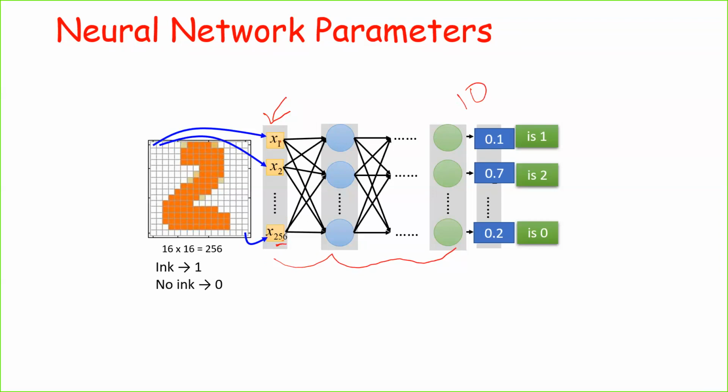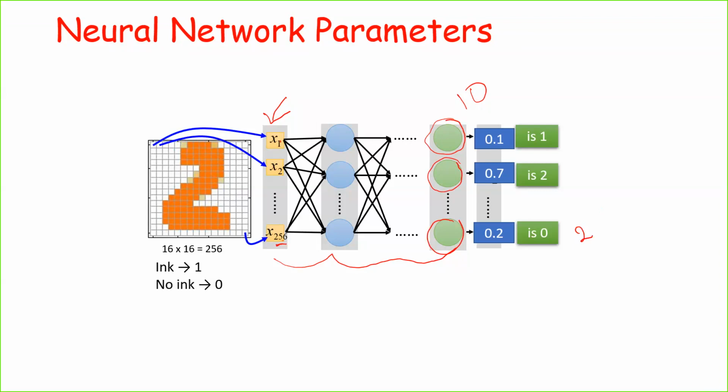Each unit indicates the probability of that particular class. For example, this is the unit corresponding to digit 1, this is the unit corresponding to digit 2, and so on. This is the unit corresponding to digit 0. Let us say the digits are 1, 2, 3, and so on up to 9, and then 0. If 2 is given as input, what is the true probability distribution?